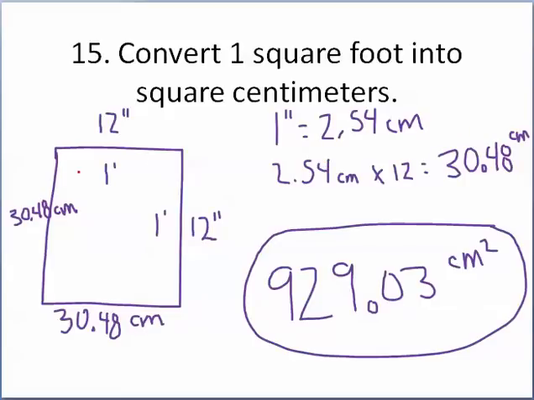The way I did this, and you have multiple ways of doing it, was I drew a picture. I drew something that was 1 foot square. And if it's 1 foot square, it's also going to be 12 inches square, 12 by 12.